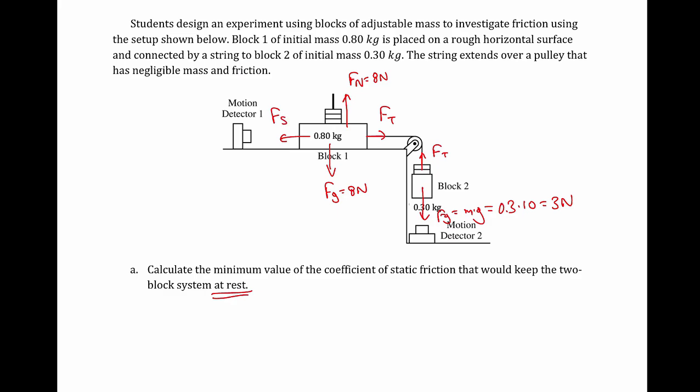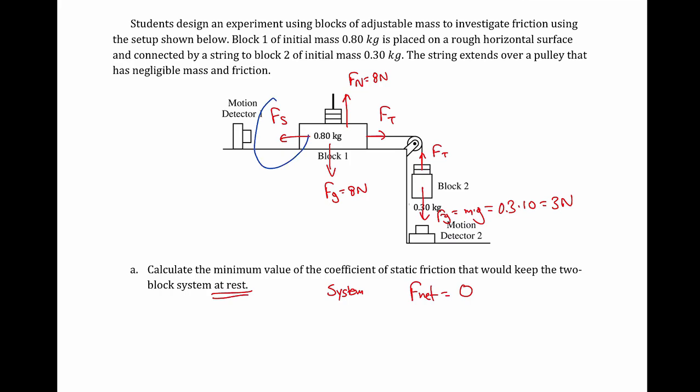Now we can work for the system, or we can work for each object separately. If we work for the system, we can say that the F net on the system is 0, since both objects are at rest, and the external forces are only applied on the system.